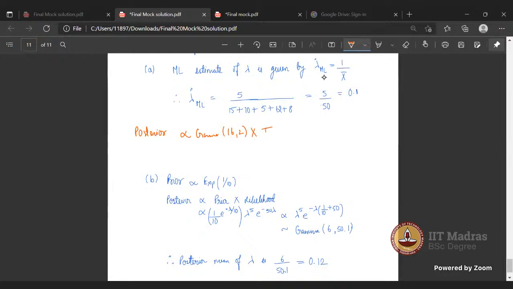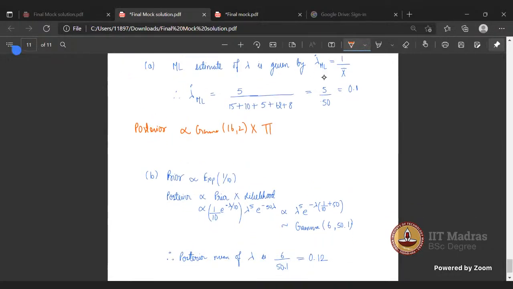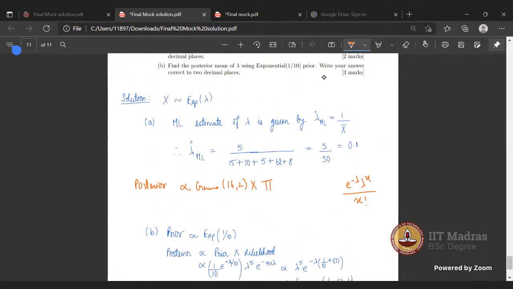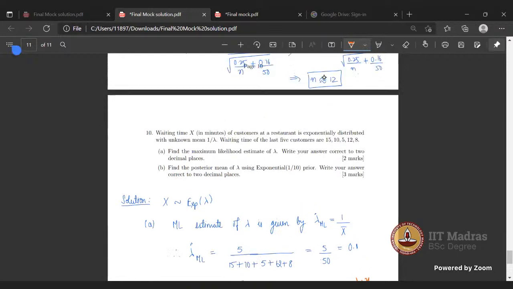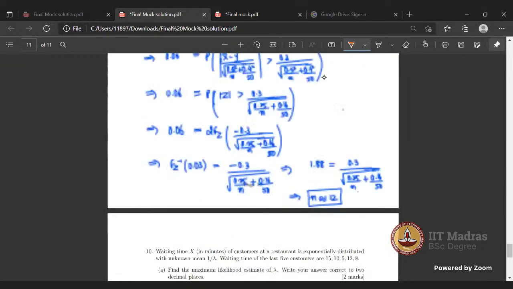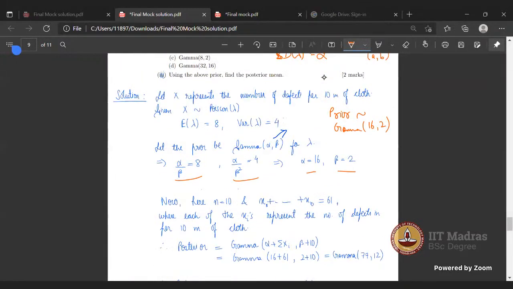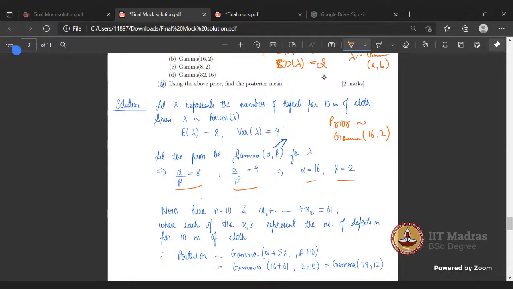Likelihood is the Poisson random variable. So the Poisson distribution is given by what? E to the power minus lambda, lambda to the power x upon x factorial, right? So what is the lambda given for this distribution?